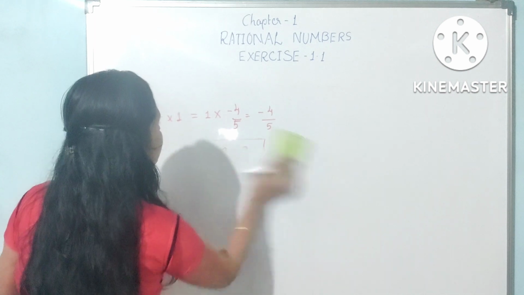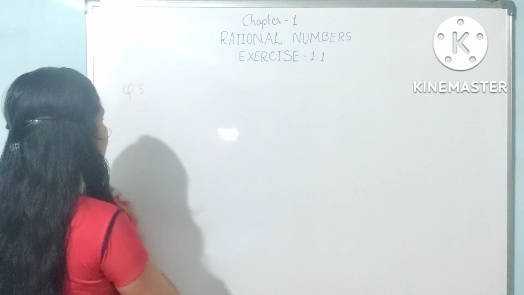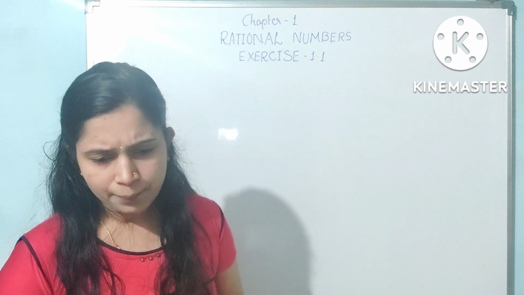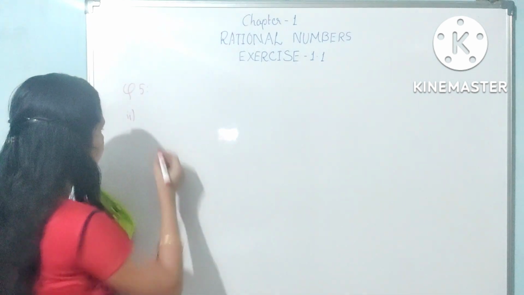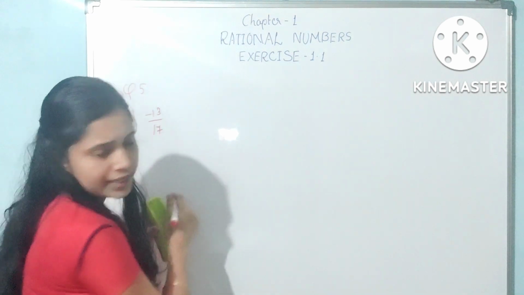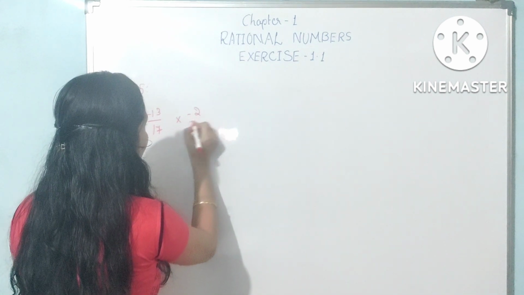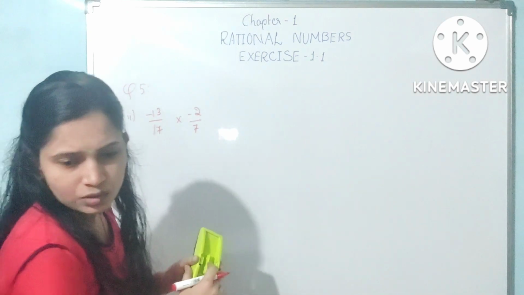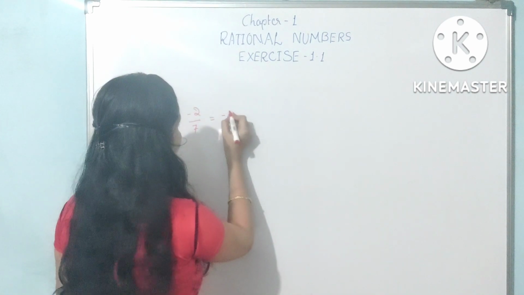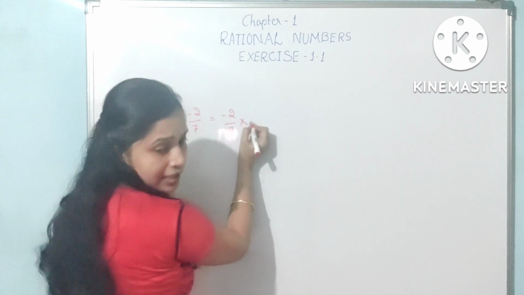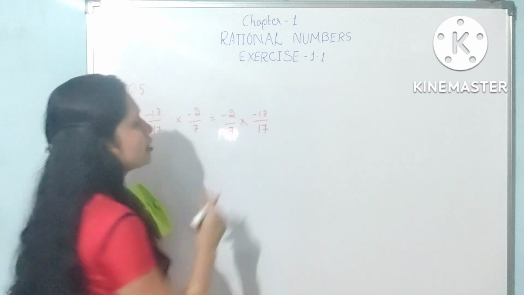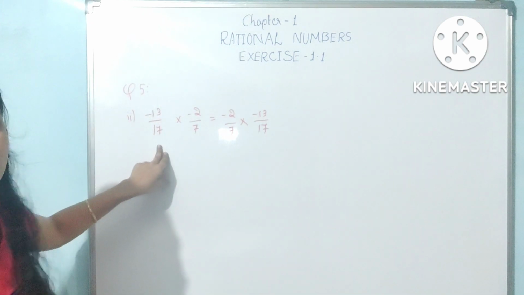The next question is minus 13 by 17 into minus 2 by 7, which is equal to minus 2 by 7 into minus 13 by 17. See here, what they have done.